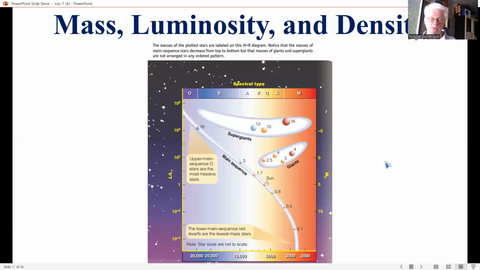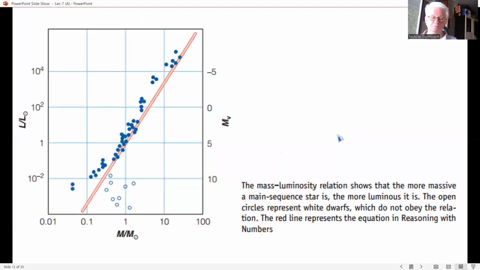In contrast, the white dwarfs have about the same mass, somewhere in the narrow range of half to about 1 solar mass.